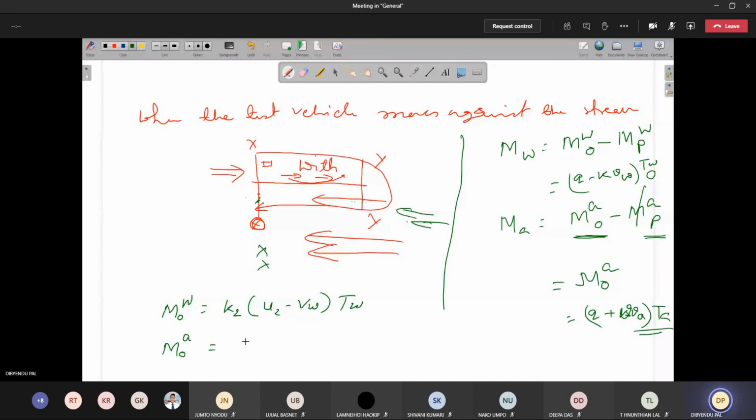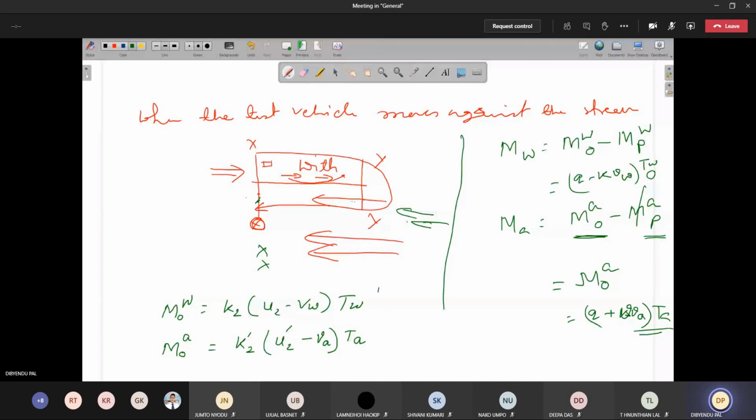Say one stream is K2 dash and the speed of that stream was U2 dash, minus, when the vehicle was traveling against the stream, its speed is BA and the time taken is say TA. Earlier when the vehicle was with the stream, I told that the time taken is TW. Now against the stream, say the time taken is TA. And against the stream say the average speed was BA, so I have written it like that.